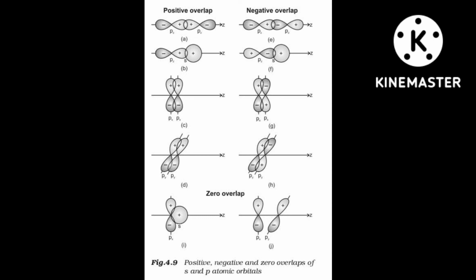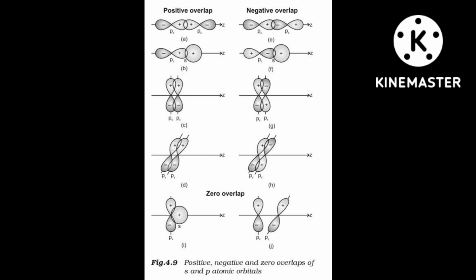This is called head-on overlap or axial overlapping. So a sigma bond is formed due to axial, end to end, or head-on overlapping. All are the same. The more the overlapping, the stronger the bond.